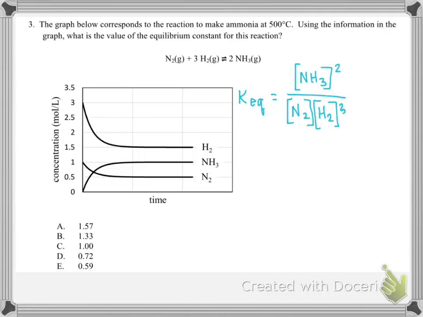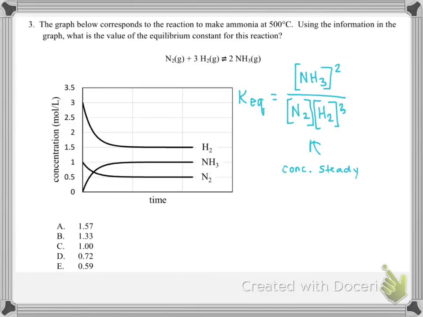And so for KEQ, we want to put in equilibrium concentrations into these values. And so what we want to look for at equilibrium is when the concentrations are steady. We can't see any change. Okay, and so that's going to be where the lines level out.